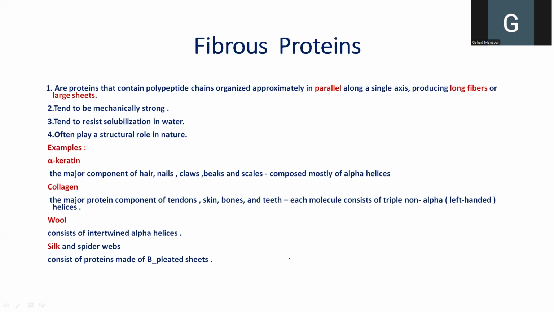So in general, the overall structure of proteins, whether tertiary or quaternary, is that they might be fibrous or they might be globular. The fibrous proteins are proteins where the polypeptide chains are organized in a parallel way along a single axis, producing long sheets. So whenever you have polypeptide chains like this that are arranged parallel to each other along a single axis, then it would be a fibrous protein.